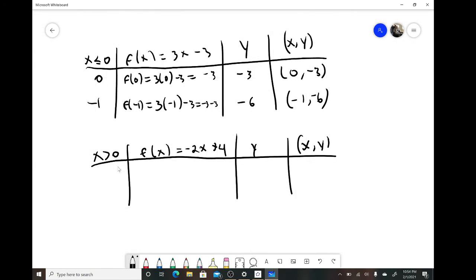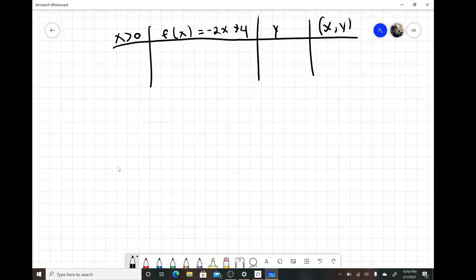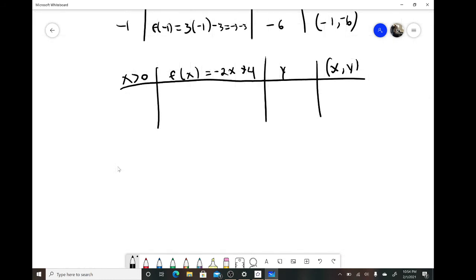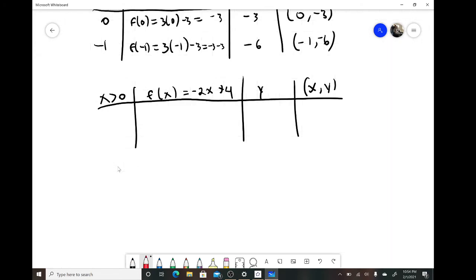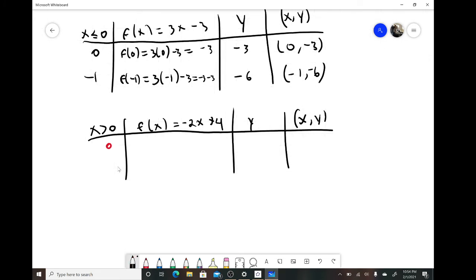Now, here's the thing. You need to always check the following. And I'm going to do this in red so that you understand that this is not part of my equation. This is not in the domain. I'm actually going to check for the value of 0 here, and you'll see why in a second. I'm going to check for this even though I'm not allowed. That's why I'm doing it in red.